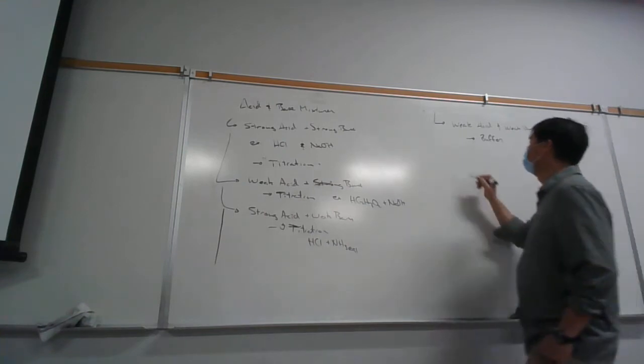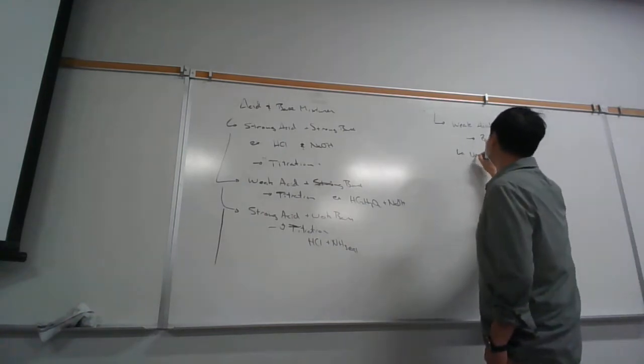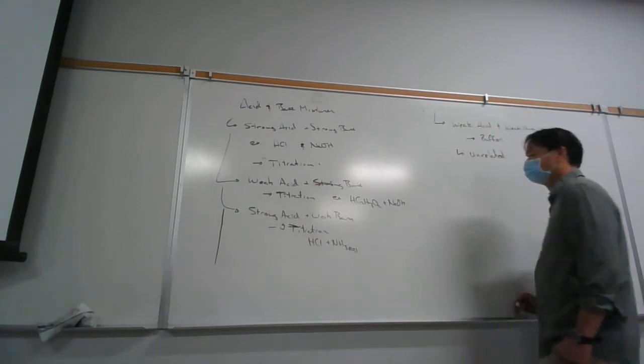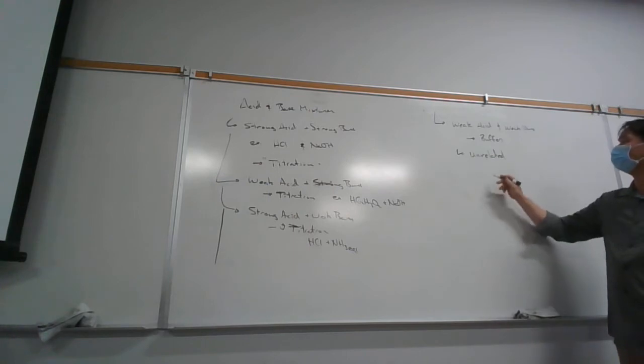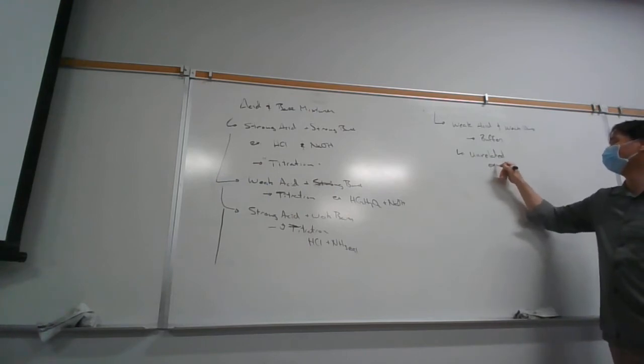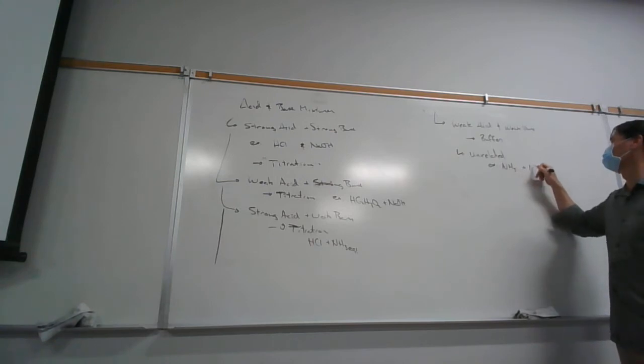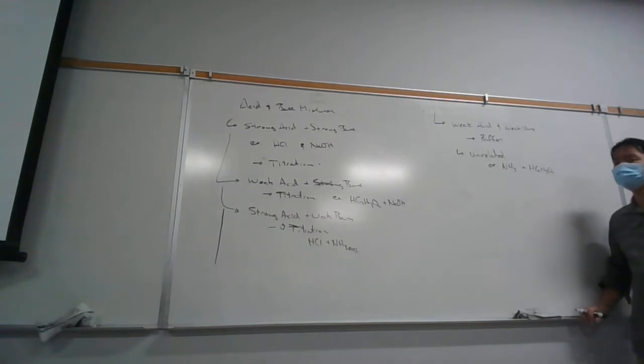If the weak acid and weak base are unrelated, an example of that would be ammonia and acetic acid. Then we have to do this one simultaneously.